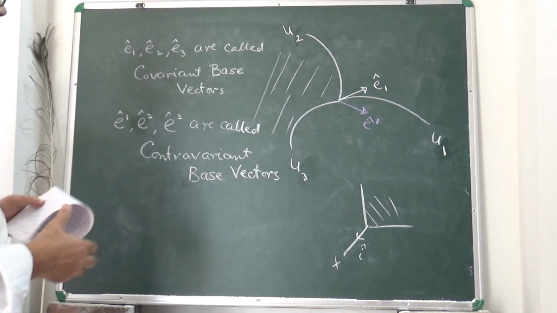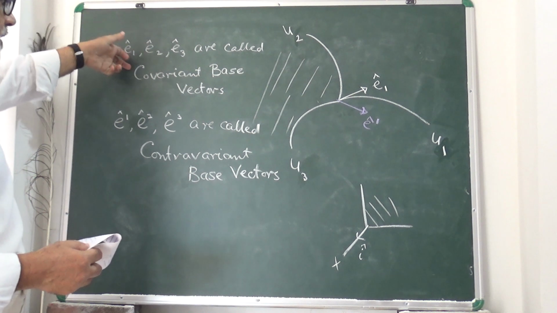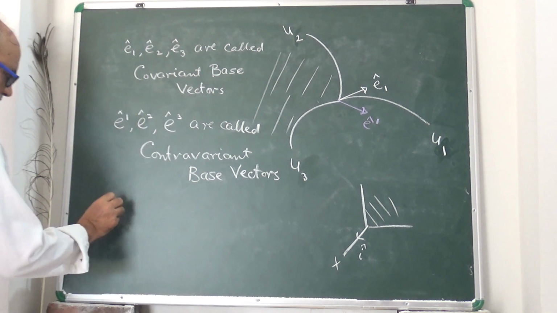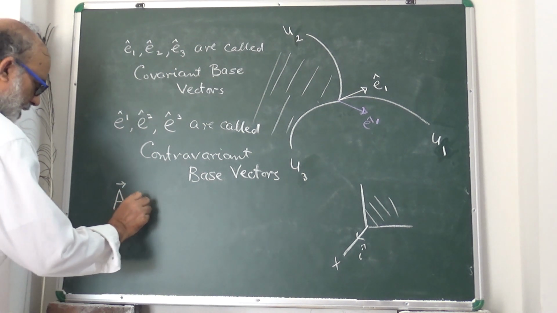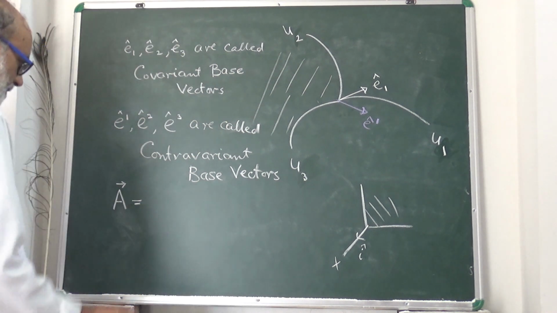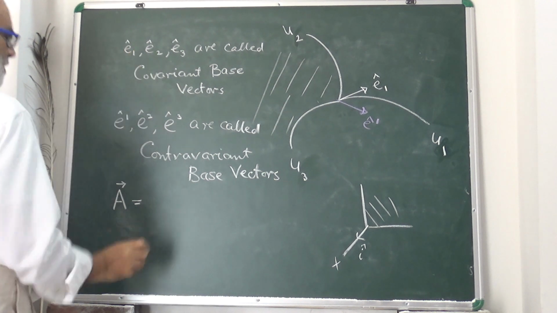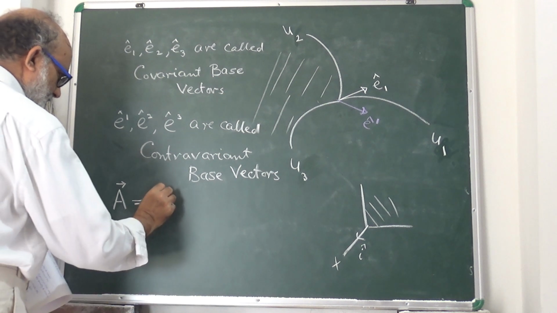So any vector can be expressed either in terms of covariant or in terms of contravariant base vectors. Suppose we have a vector A. If we represent it in this base, we have to write it like this, with its components.